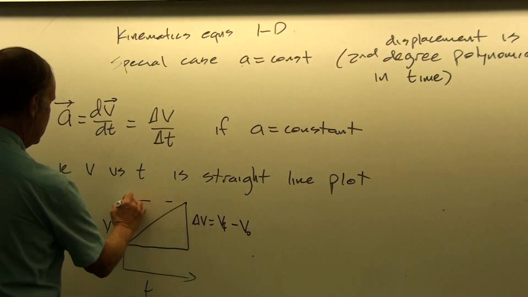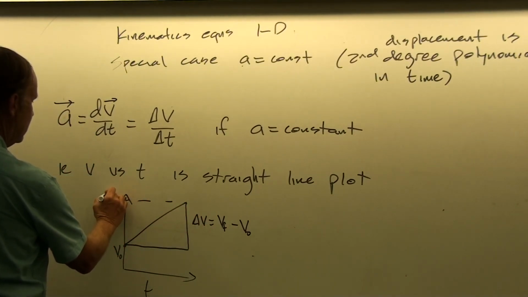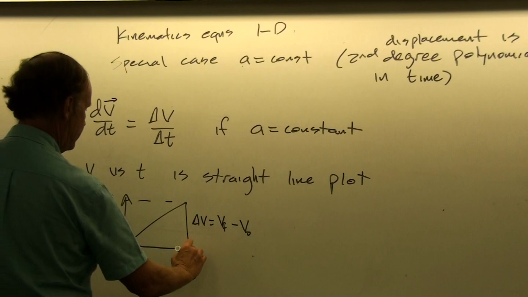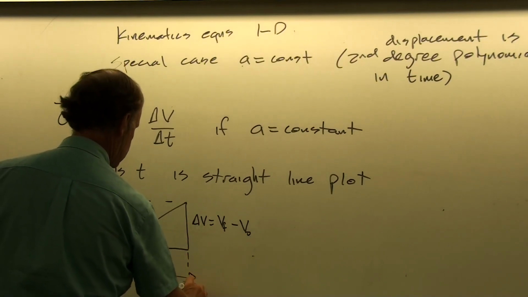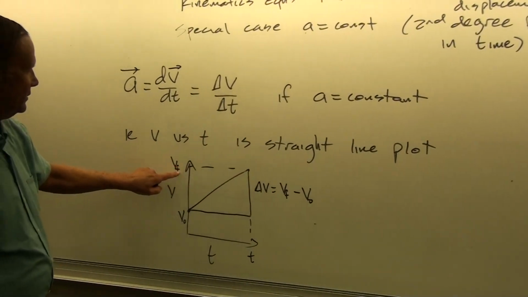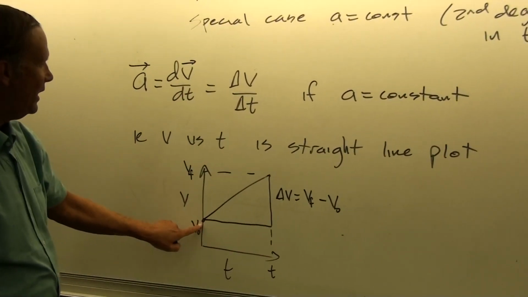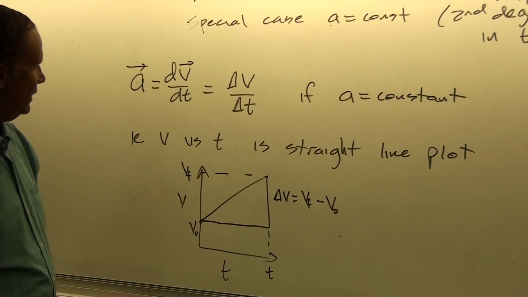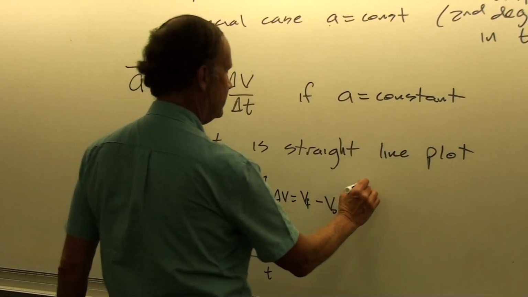What's v final? Well, it's just the velocity at some time t. So if I call this time here t, then v final is the velocity at time t, and v initial is the velocity at t equals 0.